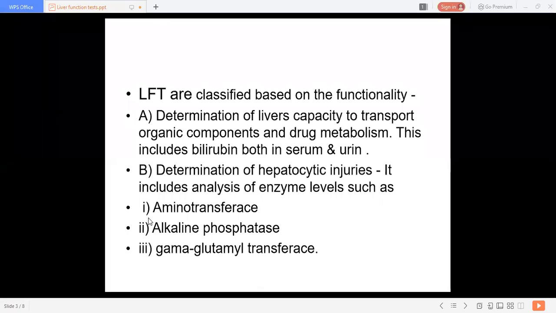The two aminotransferases are mostly analyzed in individuals undergoing treatment for liver diseases, to evaluate the efficacy of the treatment. So the values of SGOT and SGPT are very important.